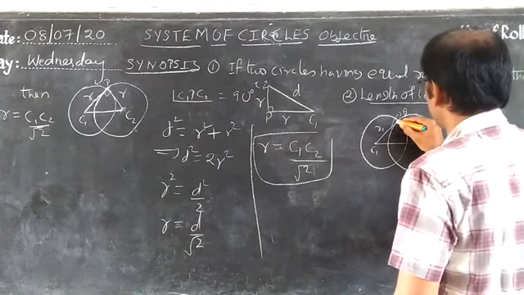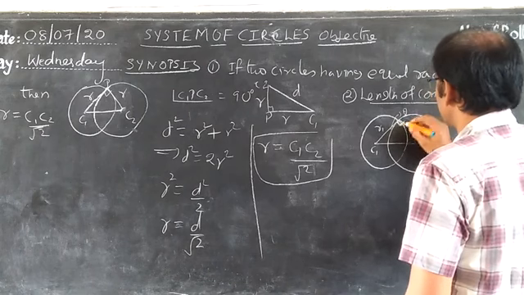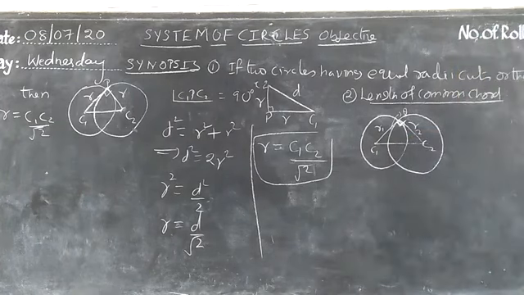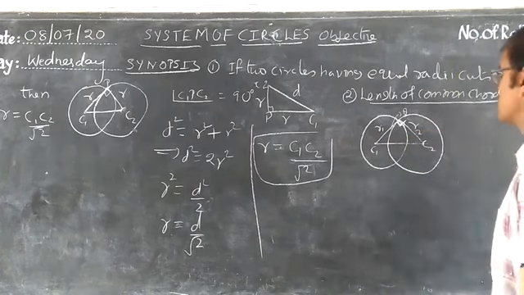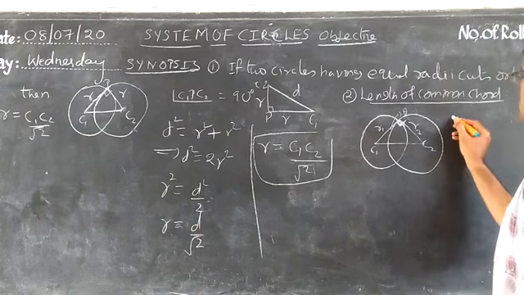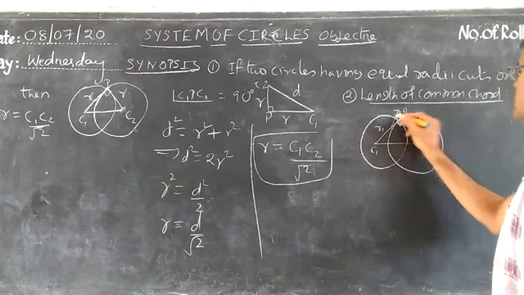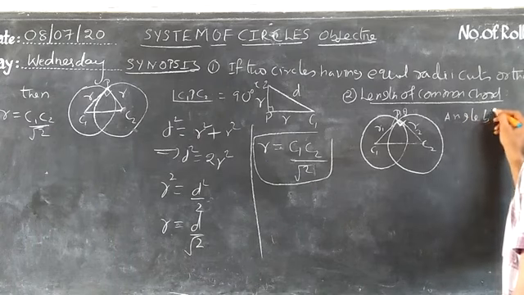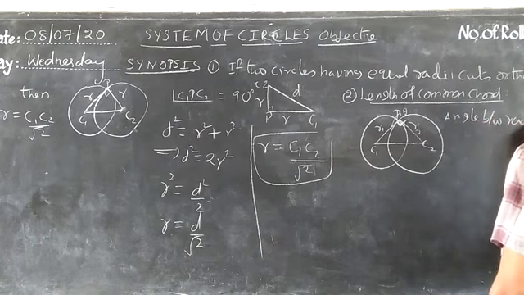So the total is 90. The angle between two circles can be represented as the angle between their tangents. In the proof we have discussed, put P here, the angle between radii. Here you write the angle between radii.